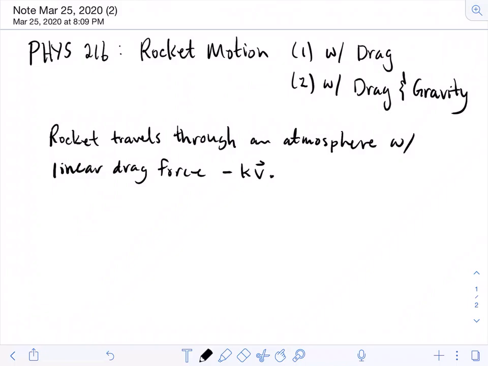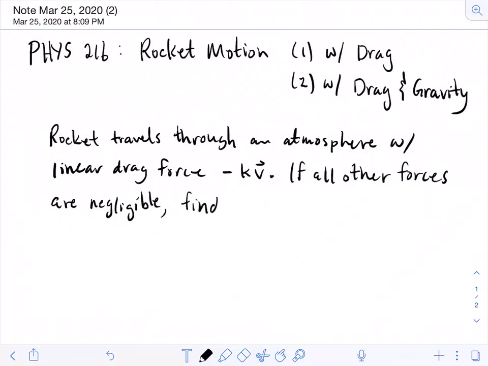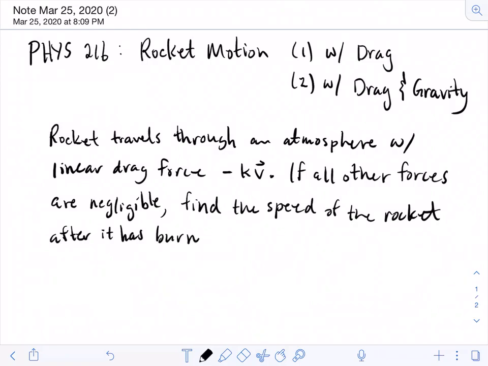So the question is, if all other forces are negligible, can we find the speed of the rocket after it has burned all of its fuel?